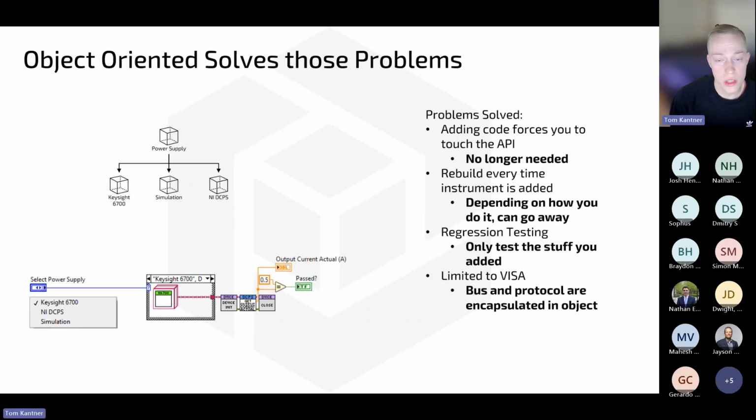So how do we solve those? We solve it with object-oriented design and dynamic dispatch. Dynamic dispatching is where it knows which instance of that class it's going to evaluate to at runtime, which becomes really powerful because you essentially swap in and out different models, whether it's a Keysight 6700, a simulation power supply, or one using the NI DC power drivers.